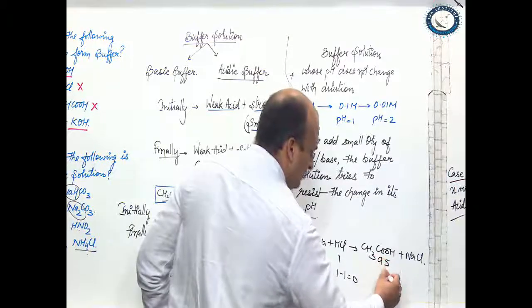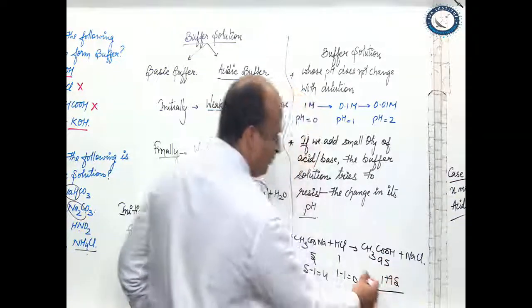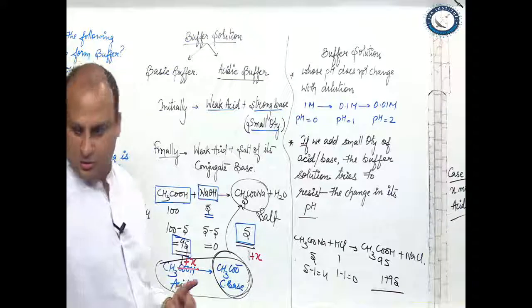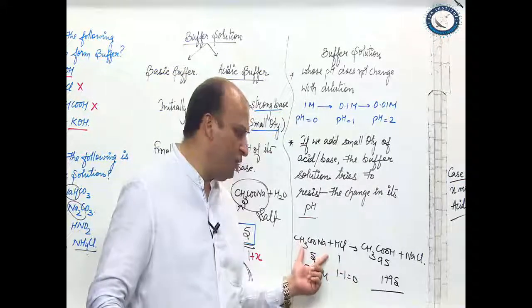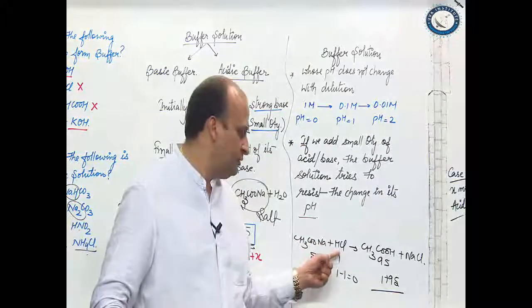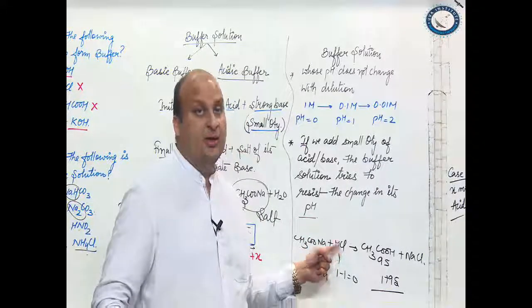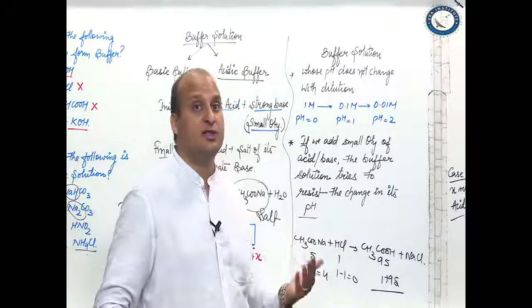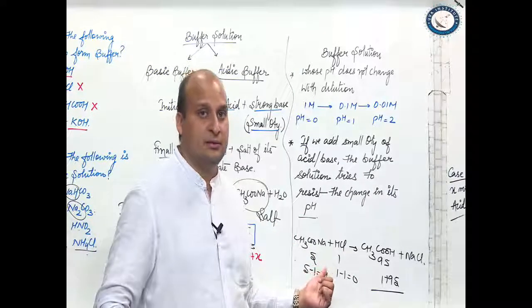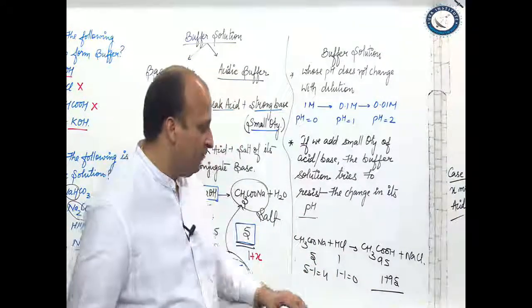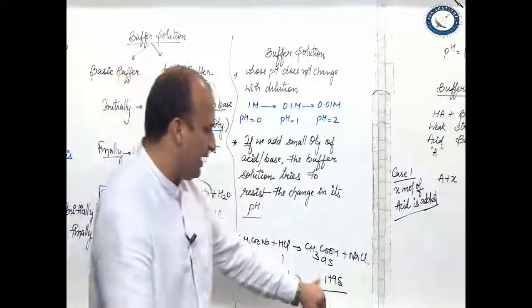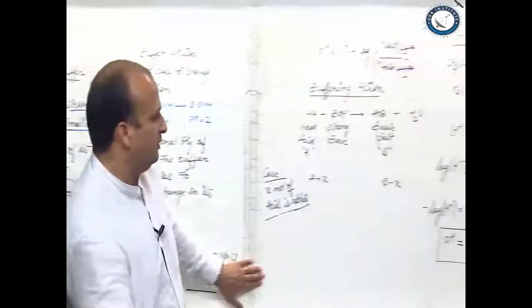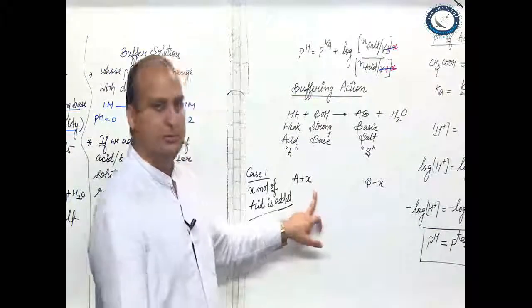Already you have got 95, so 1 plus 95. Agreed? So by adding a small amount of HCl, this salt is taking care of this acid. This is what is called the buffering action. Understood? Okay, fine. So salt minus X, acid plus X.